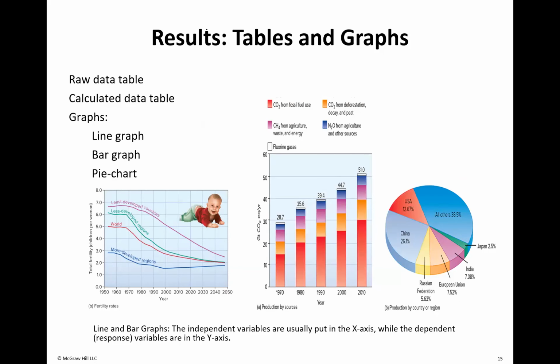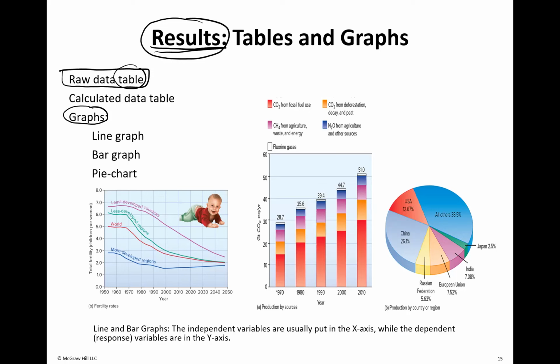Now, the results. When we perform the experimentation, after that we will have the results. The results can be presented in tables or maybe in a graph. Researchers usually have a notebook that they use for writing the raw data.